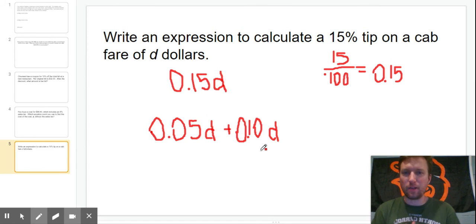And when we add those together, we get 15 hundredths. And that would be another expression that we could do.